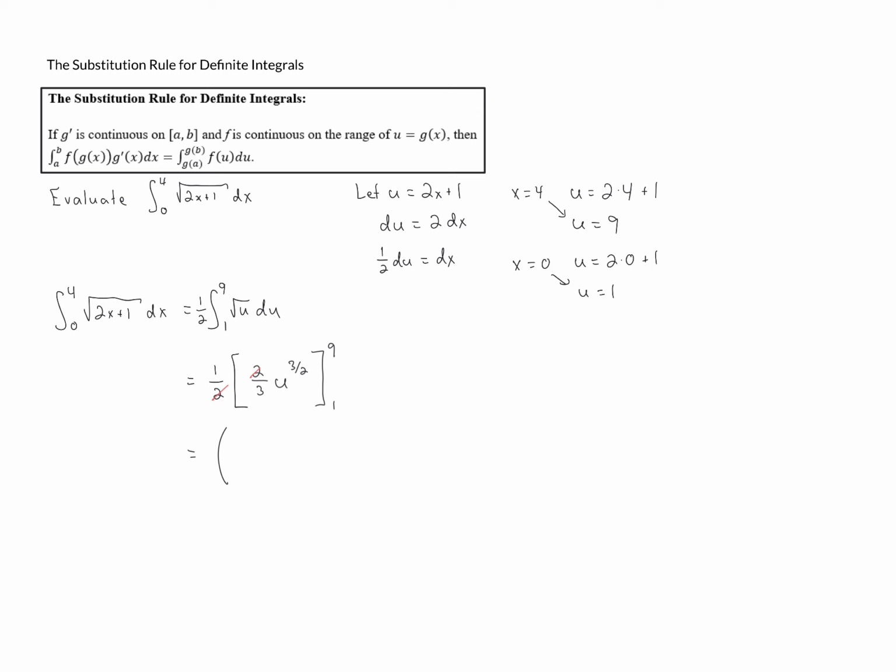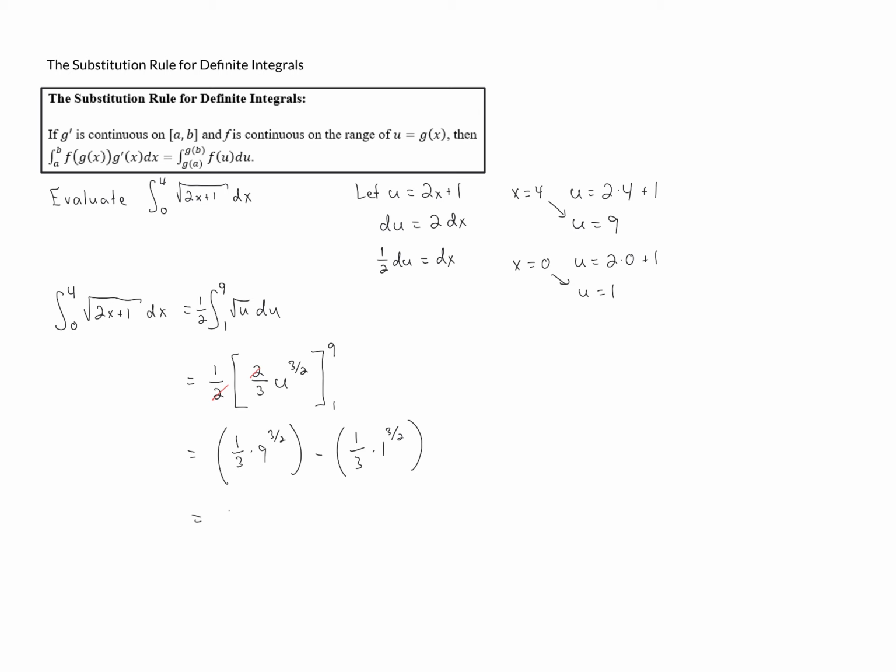So that's going to be 1/3 times 9 to the 3/2 minus 1/3 times 1 to the 3/2. And then 9 to the 3/2, well, the square root of 9 is 3. And when we cube that, we get 27. But then when we divide it by 3, we get 9 again.